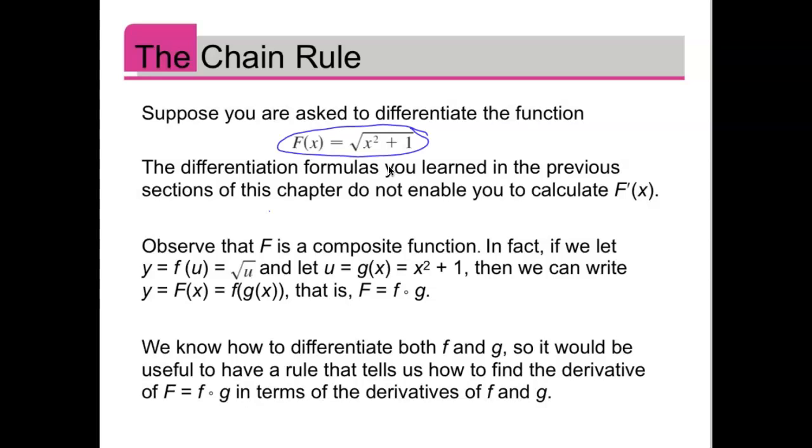But what we can notice is that f is what we call a composite function, meaning it's made up of multiple functions where one is plugged into the other. So if I let lowercase f be the square root of u, and I let u be x squared plus 1, then I can define capital F as the composition of the two functions, lowercase f and g, meaning capital F of x equals f of g of x.